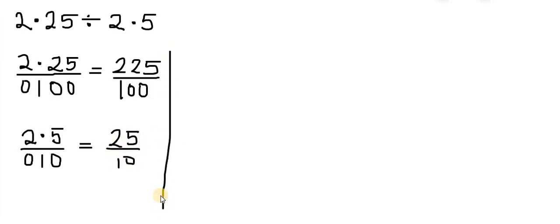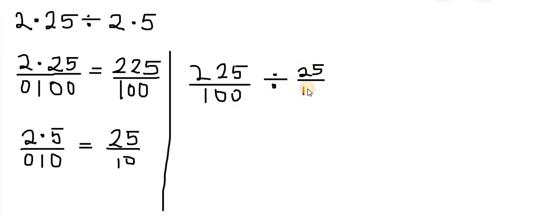Now you take that and we say 225 over 100 divided by 25 over 10. So that's 225 over 100.